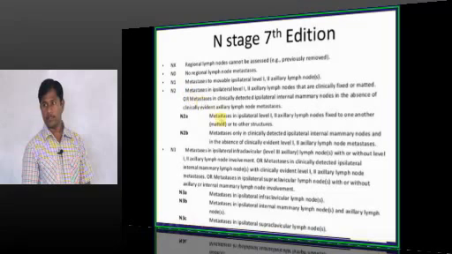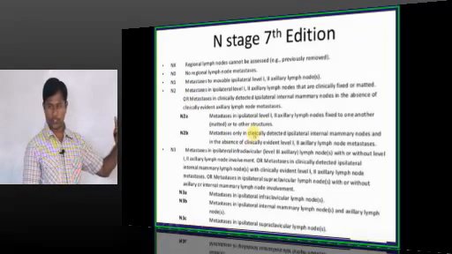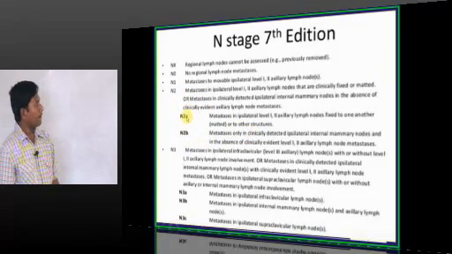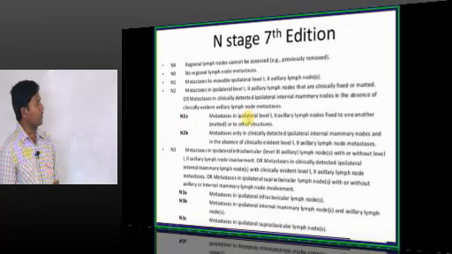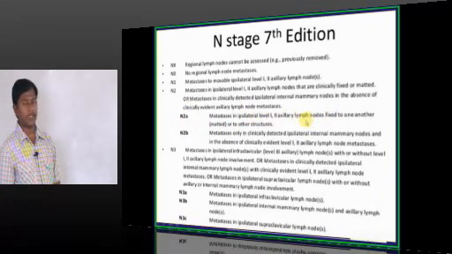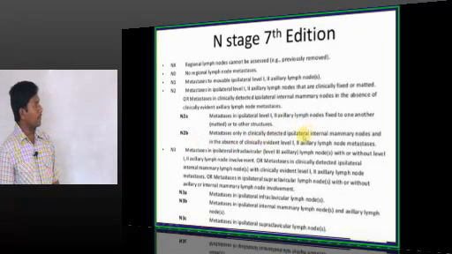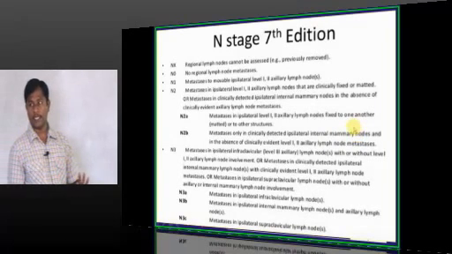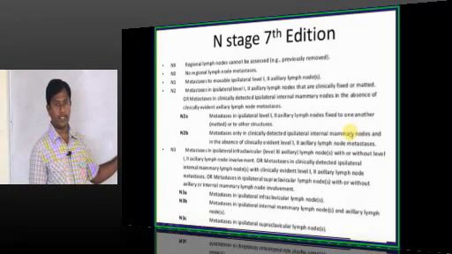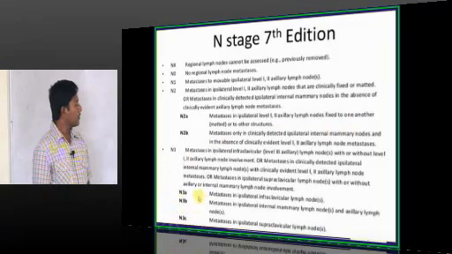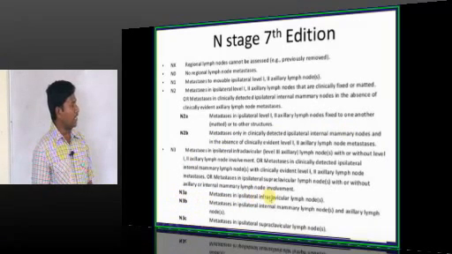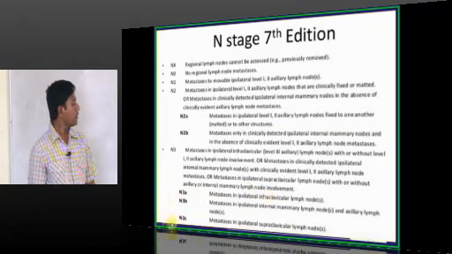N1 is ipsilateral level 1 mostly. N2a is most likely ipsilateral fixed to one another, axillary. N2b is ipsilateral internal mammary lymph nodes only. N3a is ipsilateral infraclavicular.